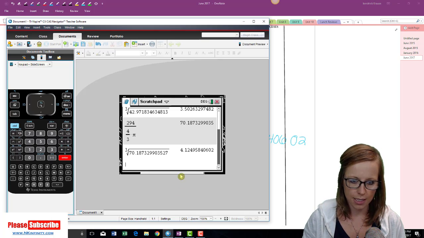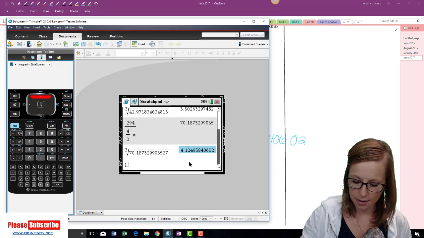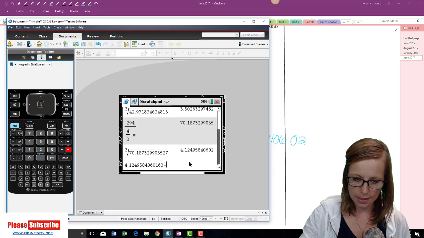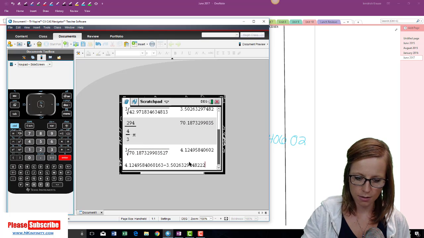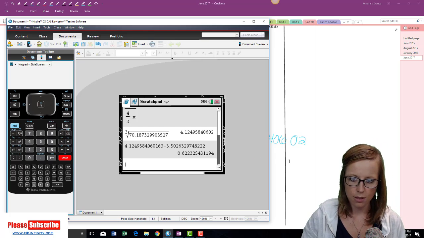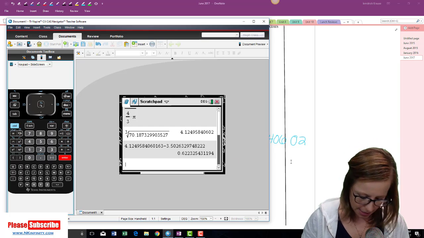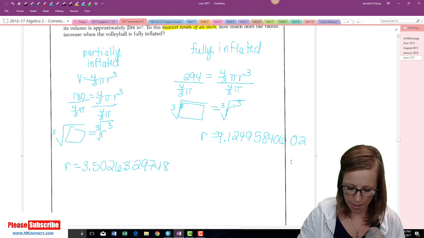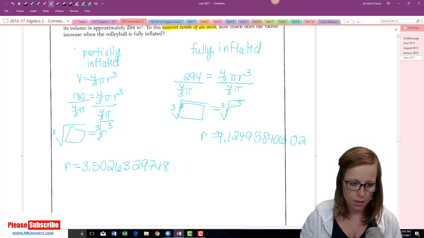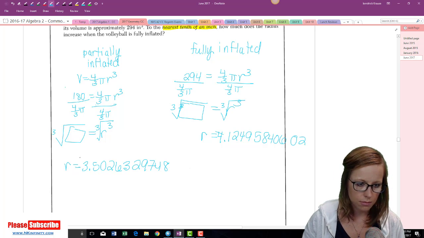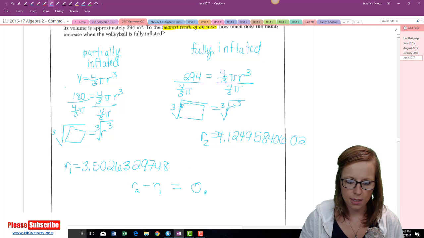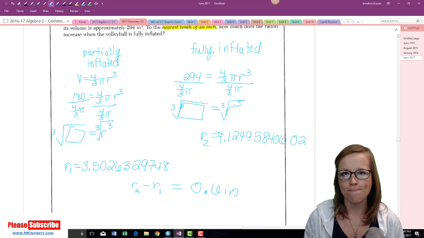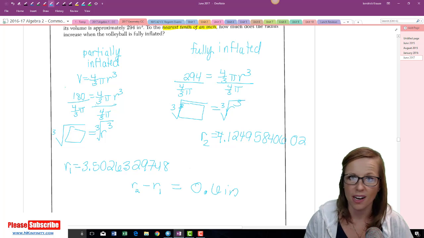Fun fact, you can take that number, highlight it, minus, go to the other number, the 3.5, highlight it, press enter, 0.622, and it says to the nearest tenth of an inch. So I'm going to call this R1 and R2. R2 minus R1 is 0.6 inches. Yay.